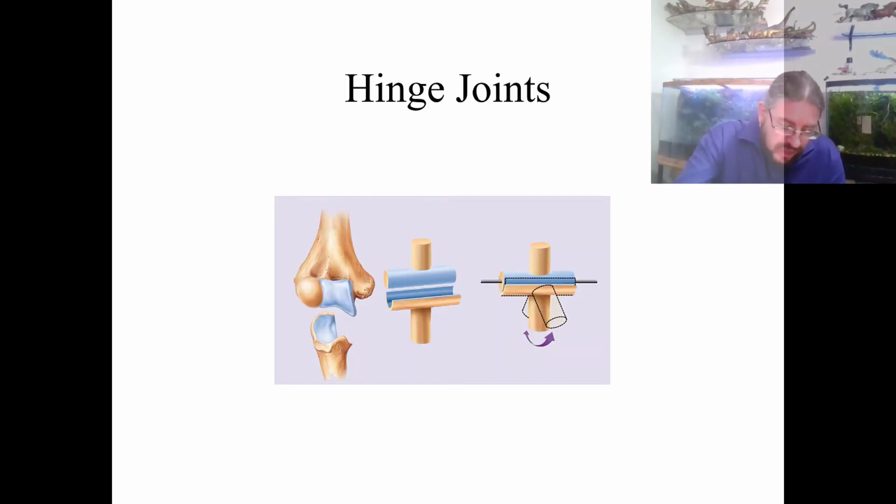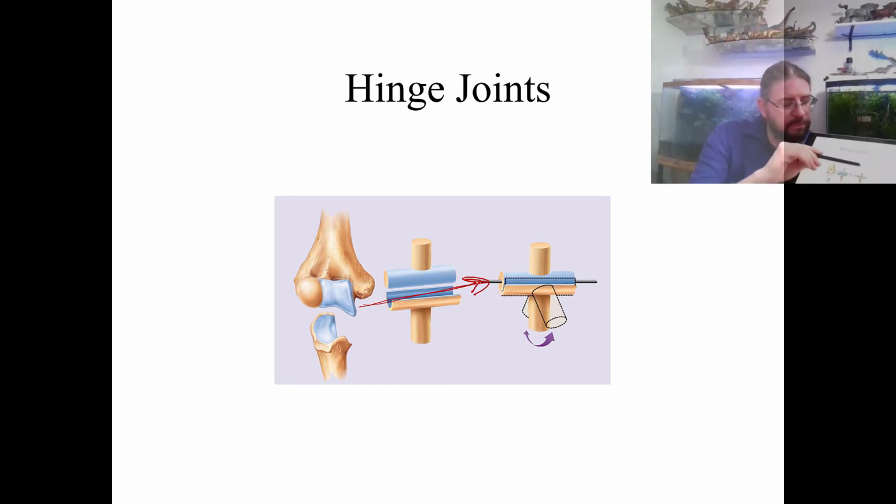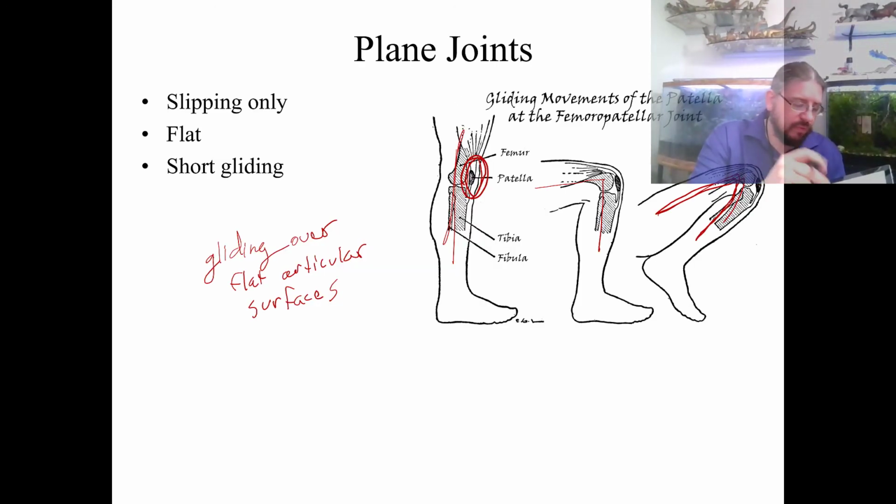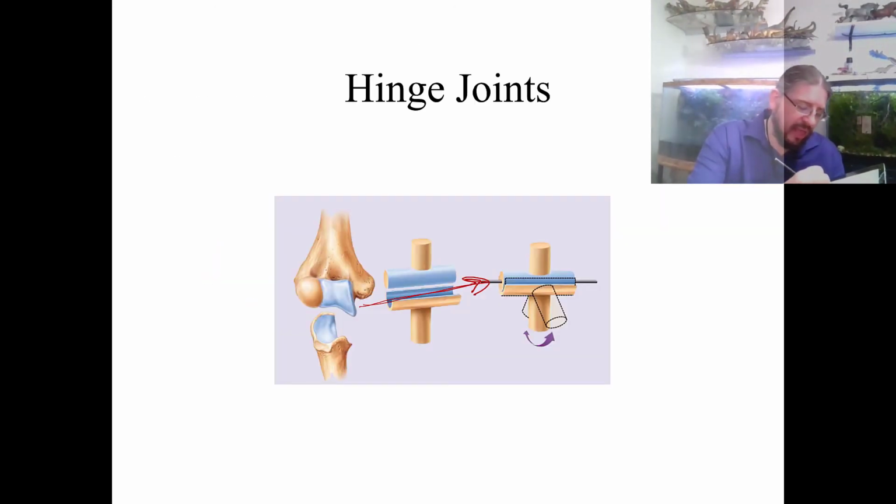So hinge joints, relatively easy. These are movements on a single plane. So again, you have your pin there and it moves along that single plane. So here is my plane of movement, my pin there representing that, and it can move along that plane.